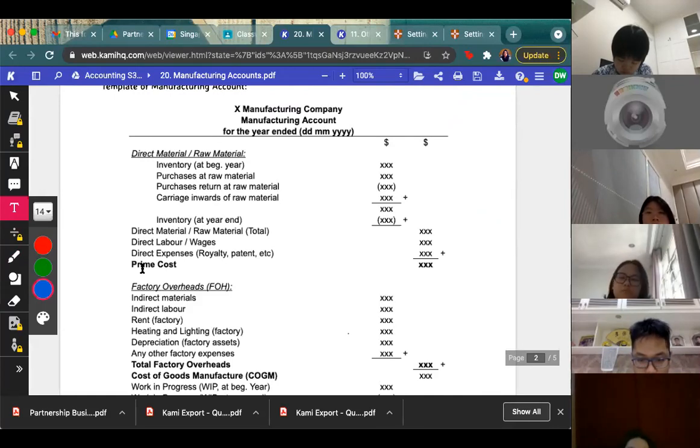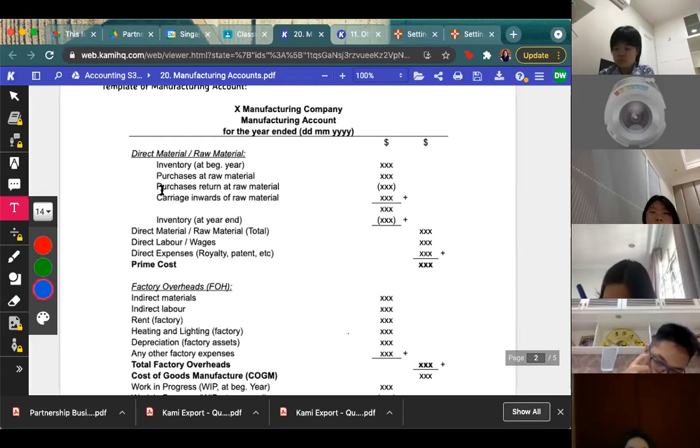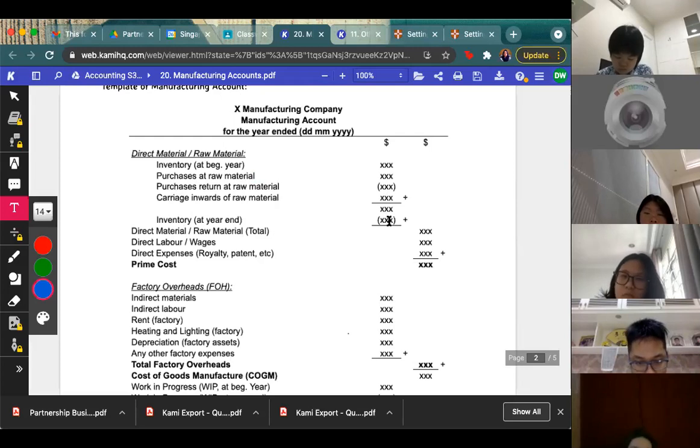How to calculate direct material or raw material is almost the same with cost of sales. We will start with inventory at the beginning of raw material, and then we will add purchases of raw material. If there is purchase return on raw material, then we deduct it, and if there is carriage inwards, then we have to add it, and then inventory at the end, we have to deduct it. You're probably familiar with this.